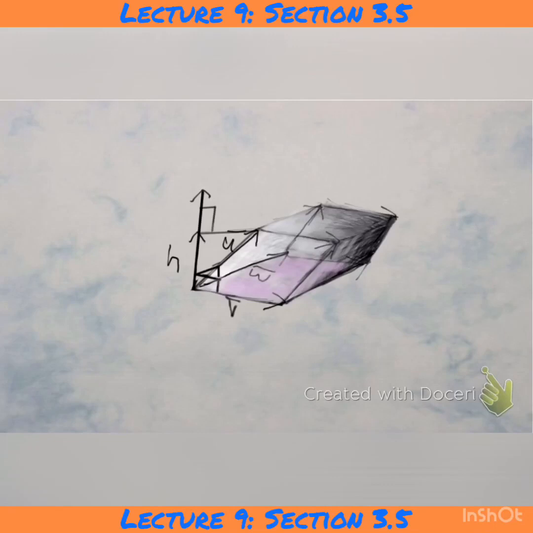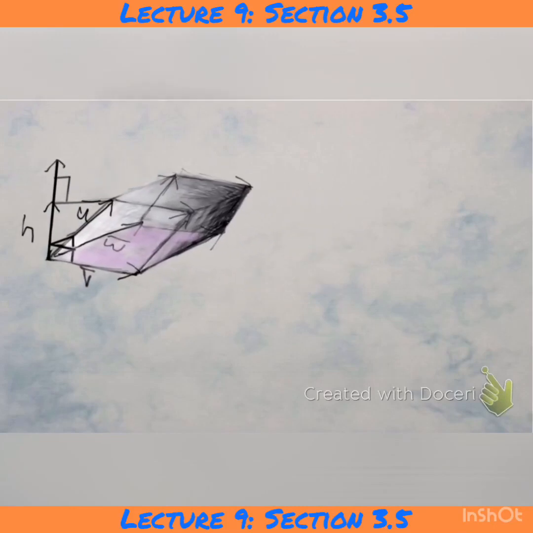So let's move this object here, and I want to find the area of the base.